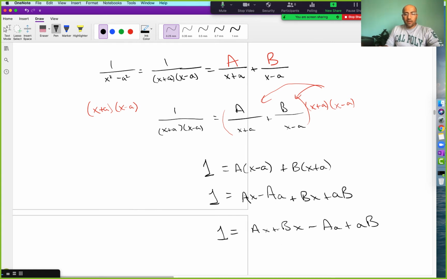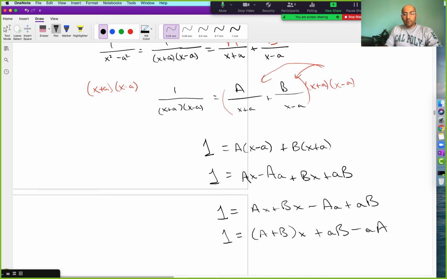And then I'm going to factor out that x, so I have A plus B times x, and then this guy, just to have the positive term as the leading term, I'm going to switch them around and say it's lowercase a capital B minus lowercase a capital A. Good.